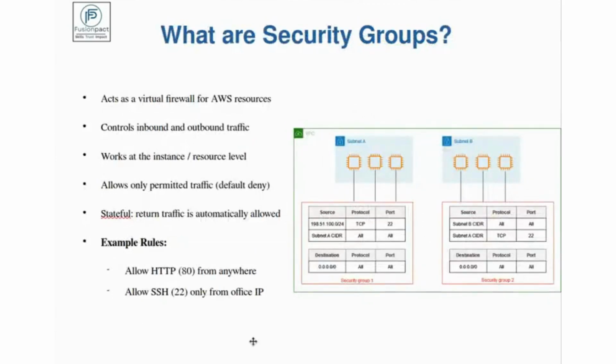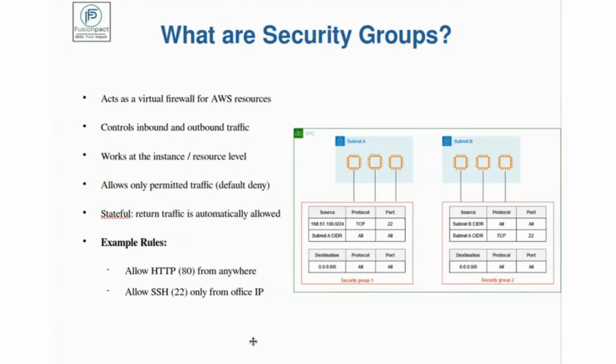Another thing is security groups. Security groups are like virtual firewalls which control access on the basis of ports and IPs. They control inbound and outbound traffic, and work at the instance and resource level. We have to explicitly mention that on this port, this IP range can access our resources, and it is stateful, so return traffic is automatically allowed.